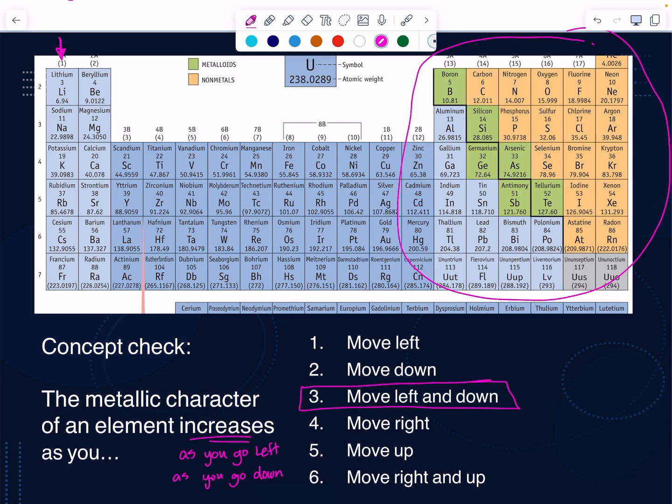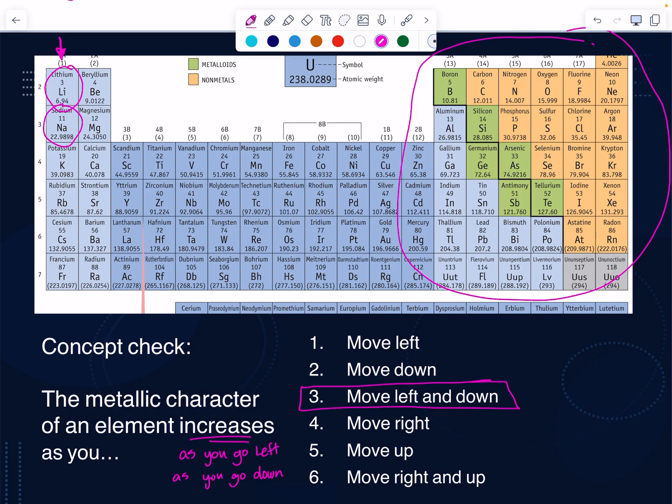If we think of a metal as being a reactive material, the more metallic you get, the more reactive you get. So that would predict that if we take lithium and sodium, the sodium would have a more violent reaction with the water than the lithium, right?